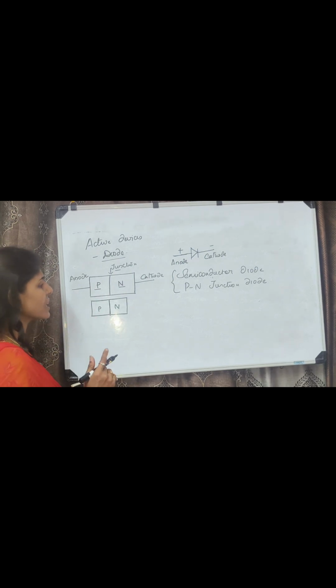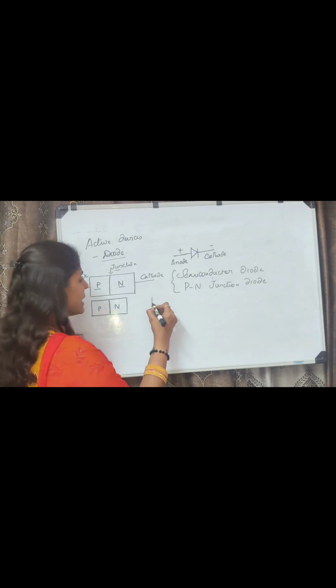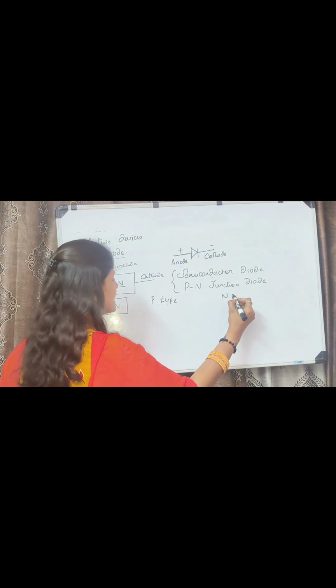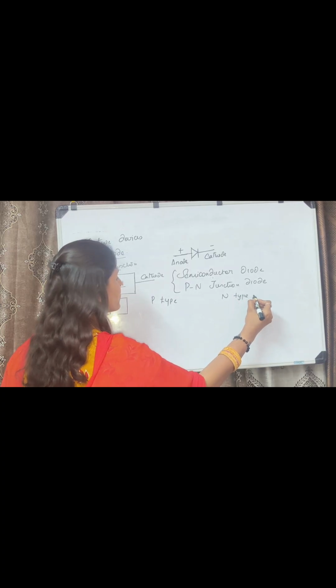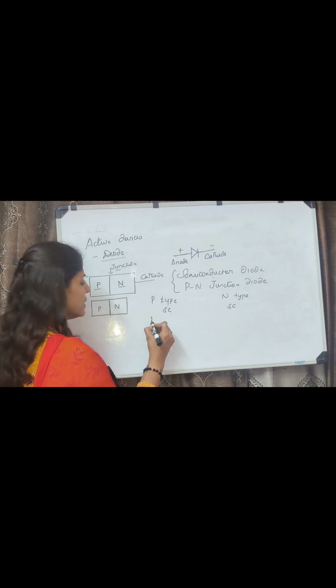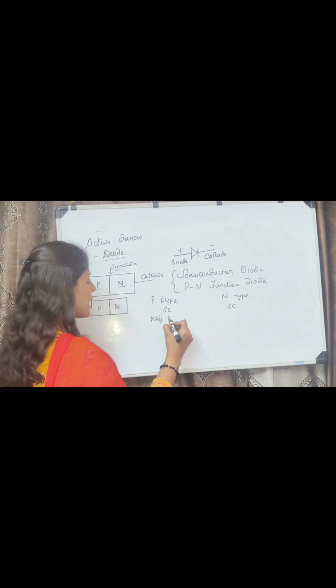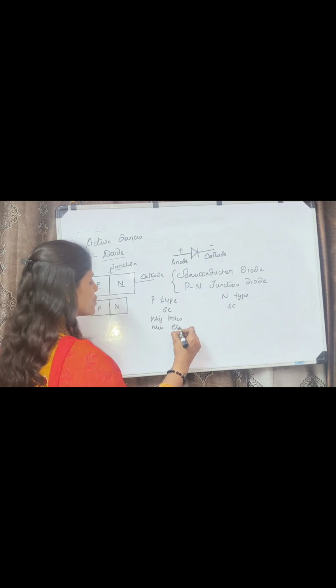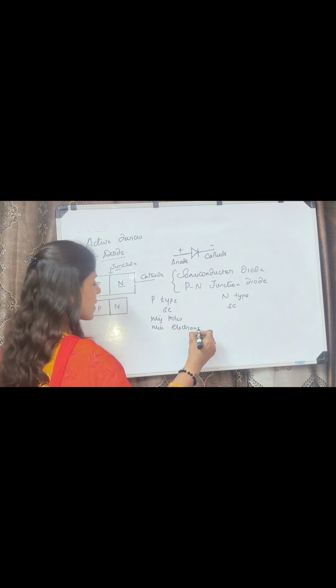Right. Last class we studied the p-type semiconductor as well as the n-type semiconductor, okay? What is a p-type semiconductor? One where the majority charge carriers are holes and the minority charge carriers are electrons.